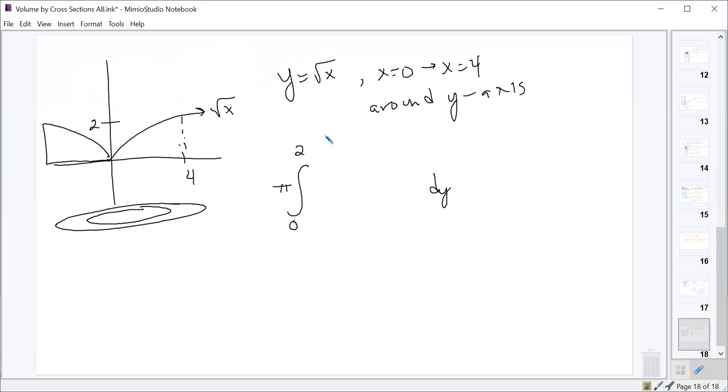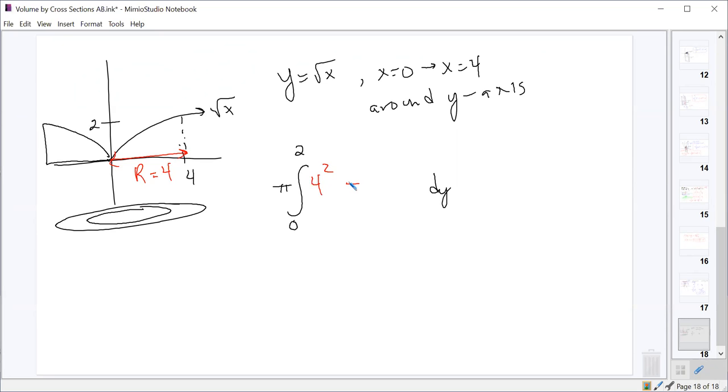So pi times the integral from 0 to 2 of my outer radius. Well, what's my outer radius? It's always going to go from the line I'm revolving around to the furthest right portion of my region. So I'm revolving around here, going all the way over to here. What is that distance? 4. It's just 4. 4 squared minus my inner radius.